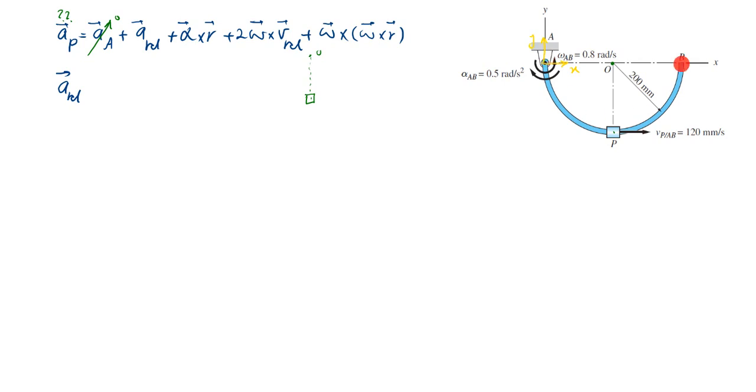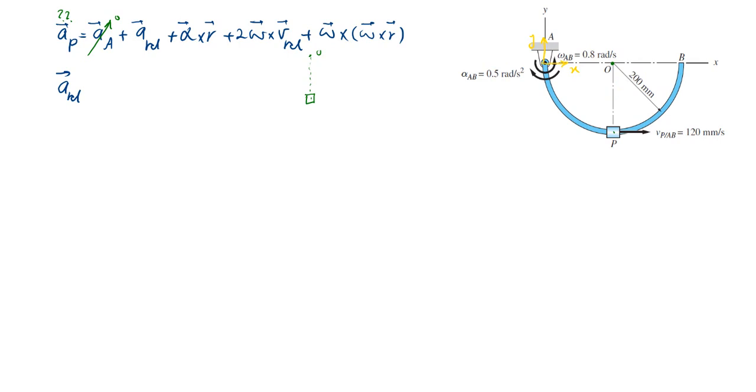This semicircular rod is not rotating anymore. At this specific moment, it's going this way. So there is no tangential component because the motion is horizontal. The only component is in the normal direction.